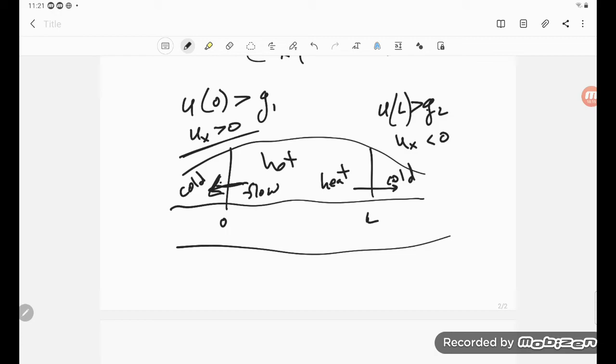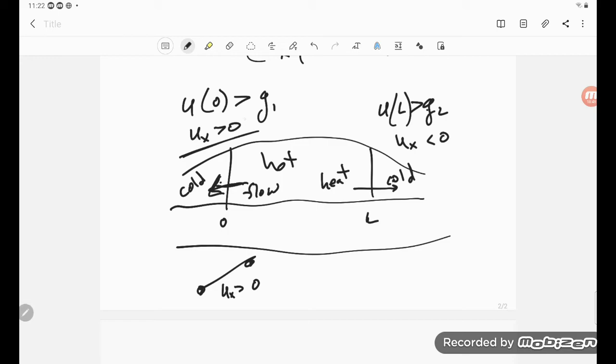However, notice the function itself is going from a colder temperature, like here, up to a hotter temperature there, right? Shouldn't u sub x be greater than 0? Okay, and so what looks intuitively kind of backward is correct.